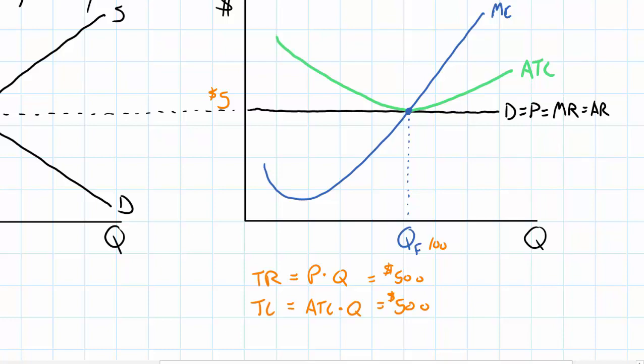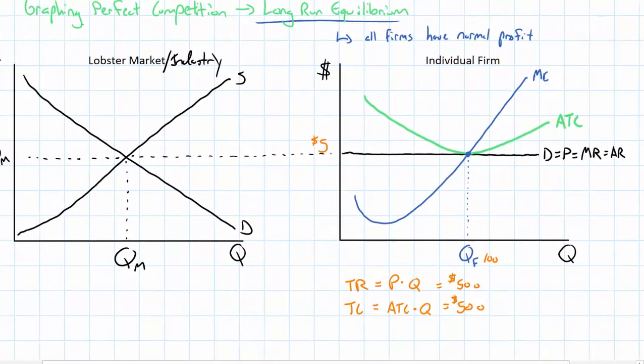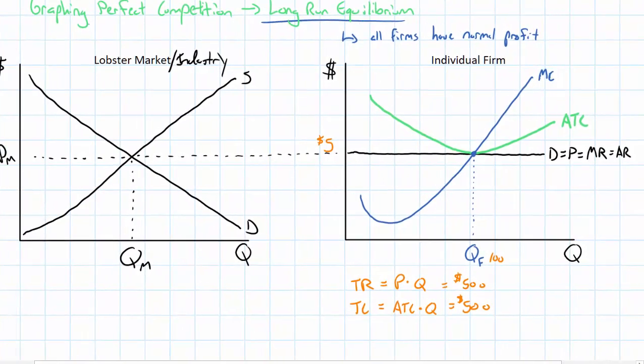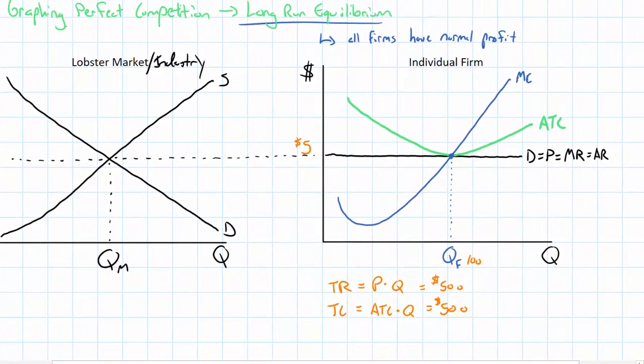So just to recap really quickly, your market or your industry graph will give you the supply and demand, and then from there you can get the quantity for the market and the market price. Now the individual firm is a price taker, so they will set their price at whatever the lobster market or the industry's price will be, and they will have a perfectly elastic demand curve every single time.